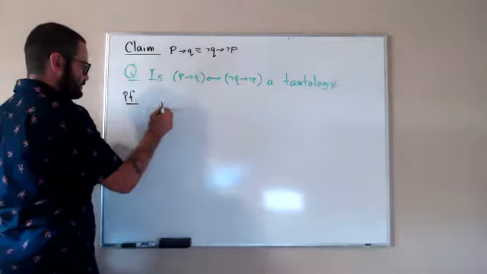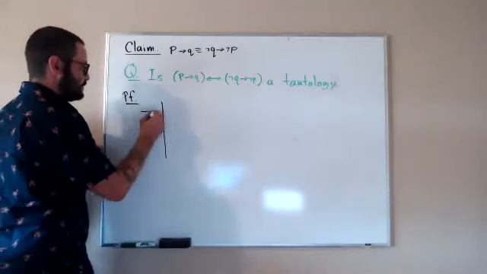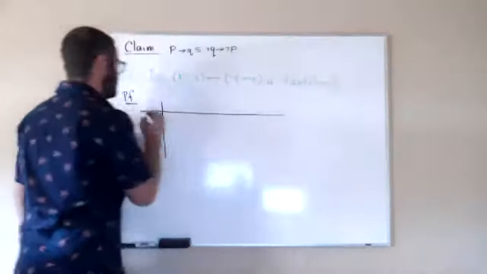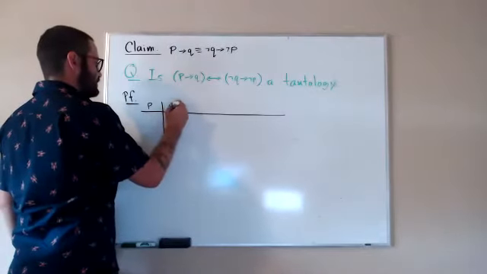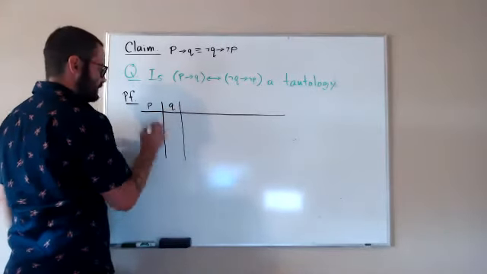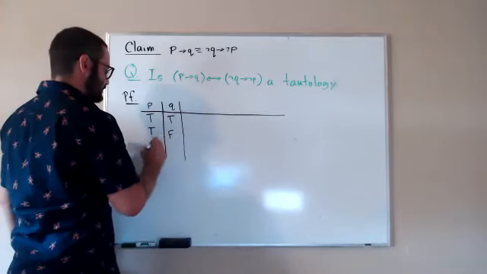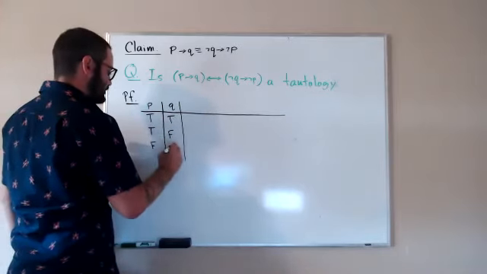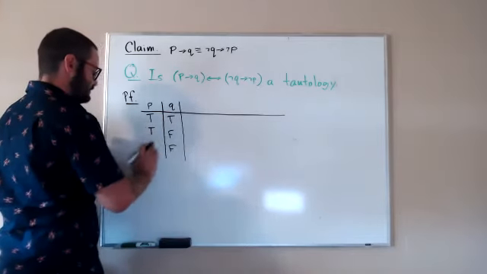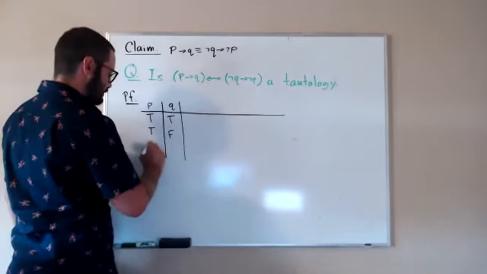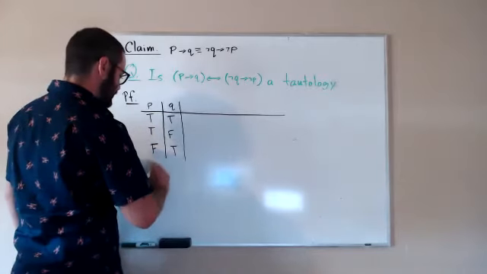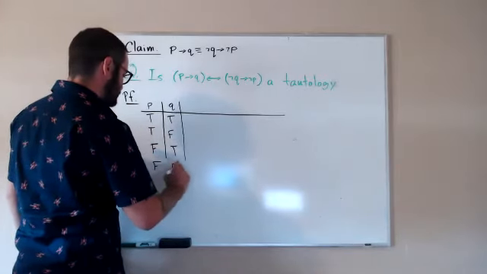I'm going to make a rather large truth table. Here's P, here's Q. So we have true, true, true, false, false, true, and then finally false, false.